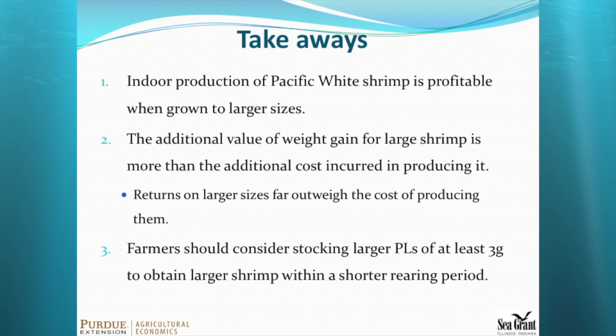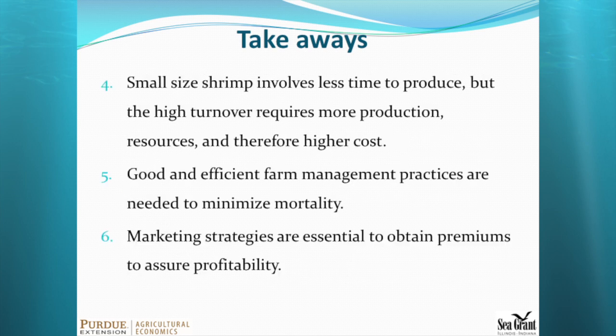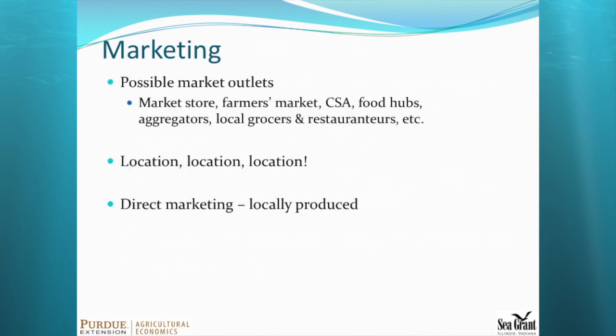And then people should consider stocking the larger PLs to gain on number one, survival, and number two, reduce your rearing period to increase your cash flow. And I think that's probably about it. And Angel's going to go into marketing, but these are his takeaways from seeing what we have in Indiana.